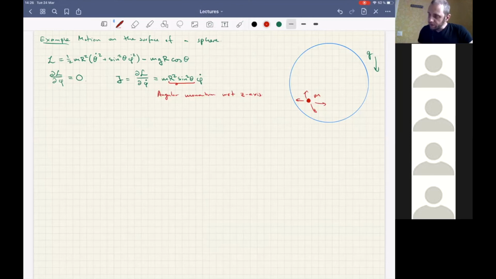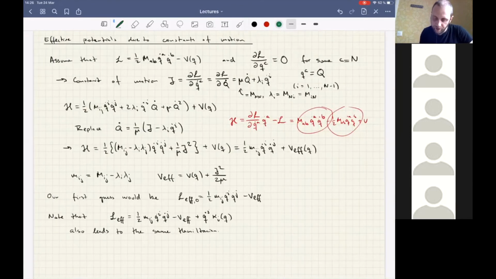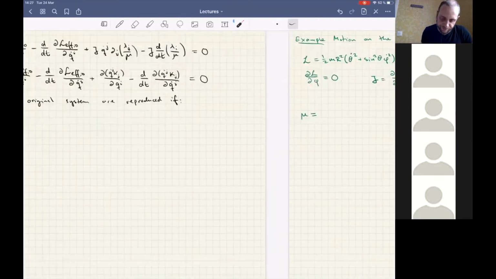Okay, so in this case, if we go back and look at what mu should be, mu here should be the component of the inertia tensor that corresponds to the coordinate that we're getting rid of, so in this case phi.